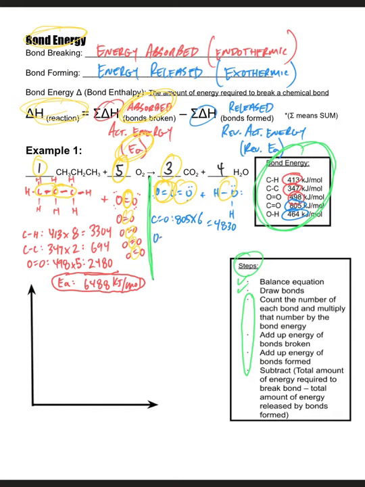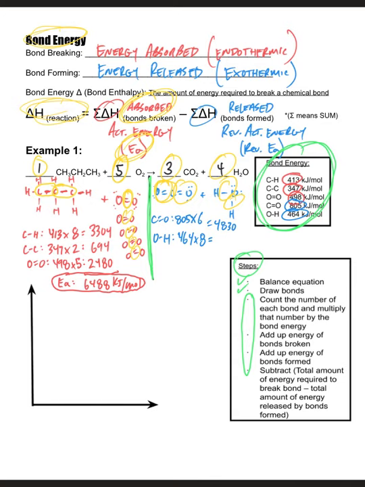So I'm going to label that OH, and that's 464 times however many bonds are present. Now there are 2 bonds present here in that molecule, but notice here there are 4 water molecules in this particular reaction. And so I'm not going to multiply that by 2, I am going to actually multiply it by 8, because there are 2 of those bonds and there are 4 of those molecules.